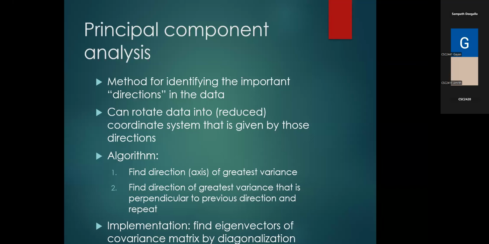For implementation, as I told you earlier, you start with the covariance matrix, and then you find eigenvectors and eigenvalues. You use a process called diagonalization. And again, there are many techniques for how you actually identify these matrices. So if you're still interested in the mathematical basis, I suggest you read about this.